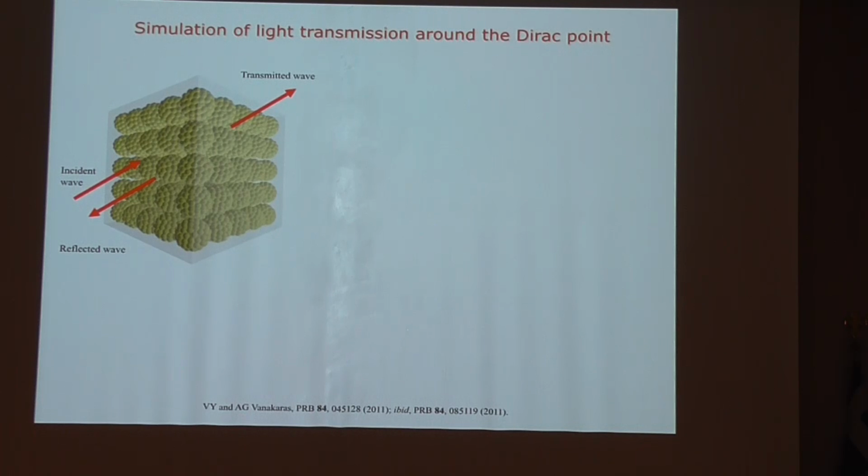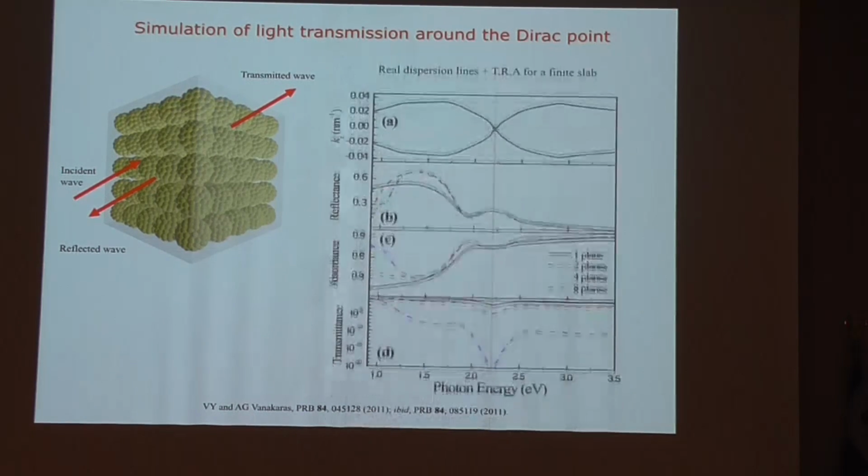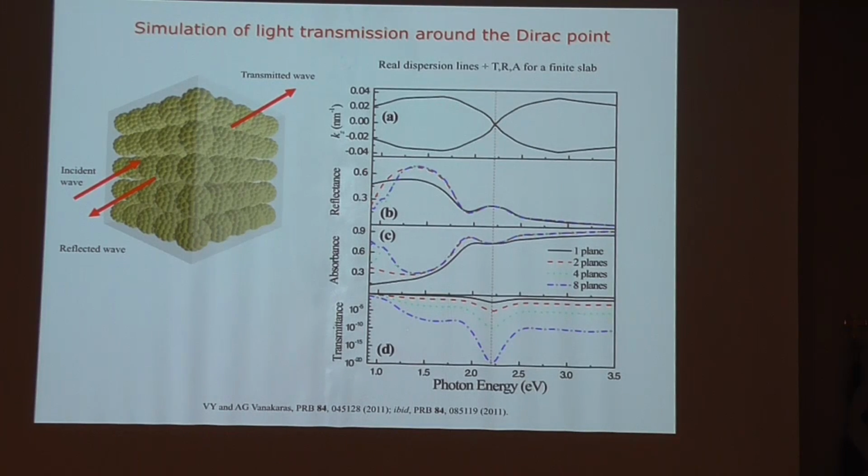So again, we solve Maxwell's equations for such a system with the layer Maxwell scattering technique. This is the dispersion relation. This is reflectance, absorbance, and transmittance of light incident normally on this material.